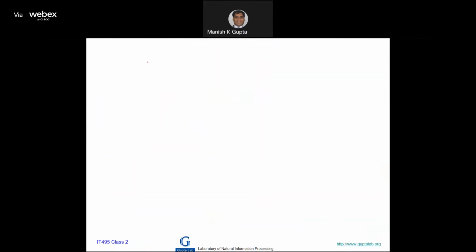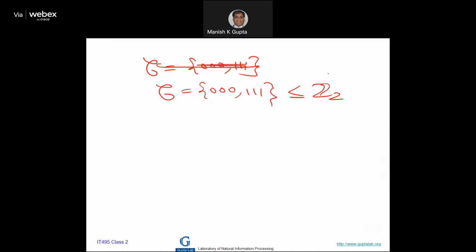For this code C, which is a subspace of Z_2^3, find the sphere of radius t around a vector x. Now t is (d minus 1) by 2.